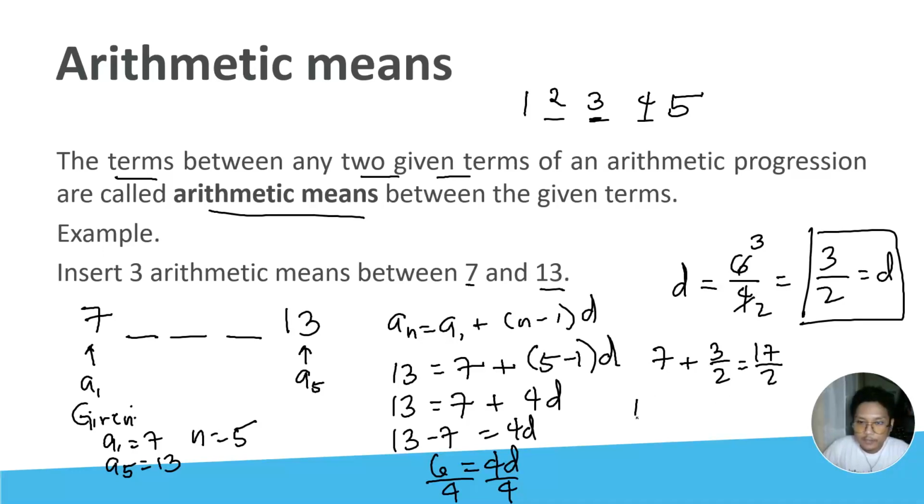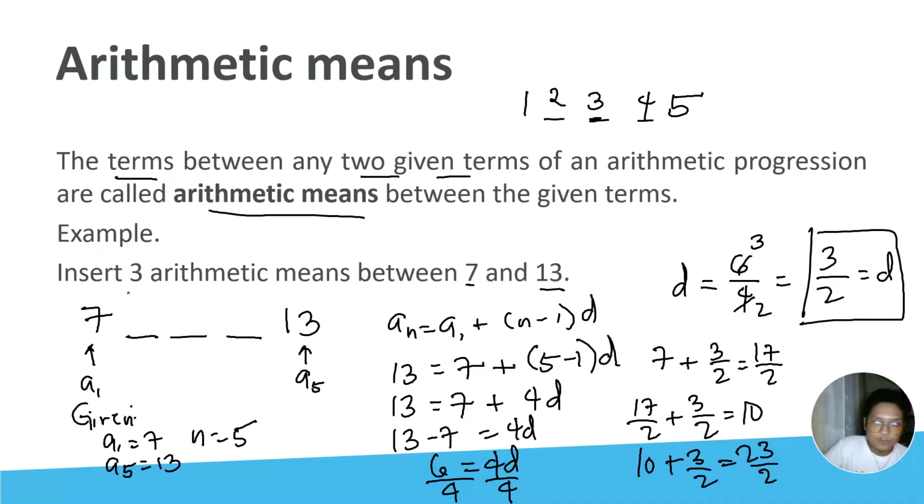And 17 over 2 plus 3 halves is 10. Then 10 plus 3 halves is 23 over 2. To check, add mo pa ulit para ma-check mo kung 13 talaga yung kasunod niya. Tama, 13. So yan. Insert the arithmetic means.